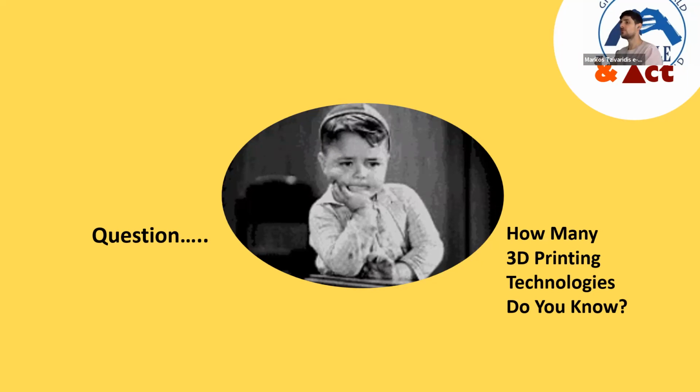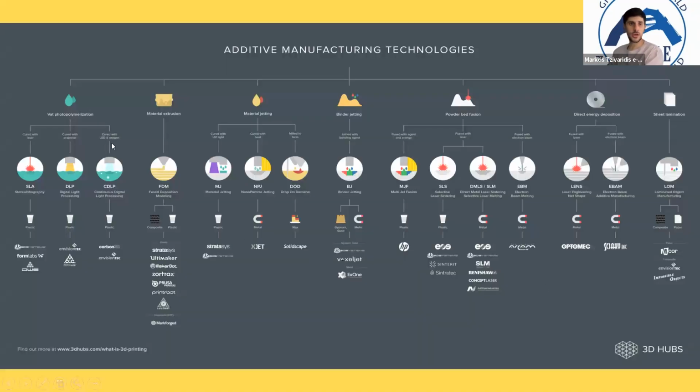So there are a lot of 3D printing technologies to start with. There are the basic ones, the FDM and the SLA, for example. Let me show you those. Yes, this is the FDM process.